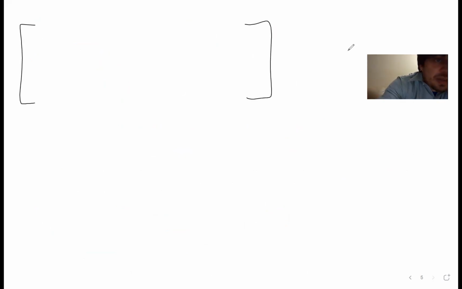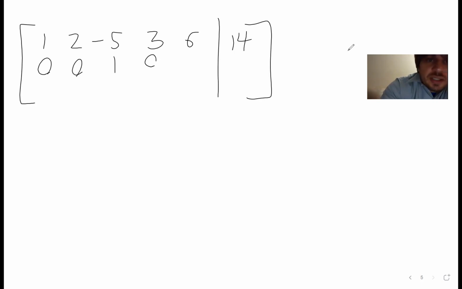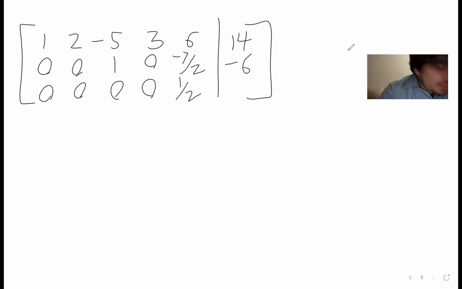So you have 1, 2, -5, 3, 6, 14, 0, 0, 1, 0, -7/2, -6, 0, 0, 0, 0, 1/2, 1.